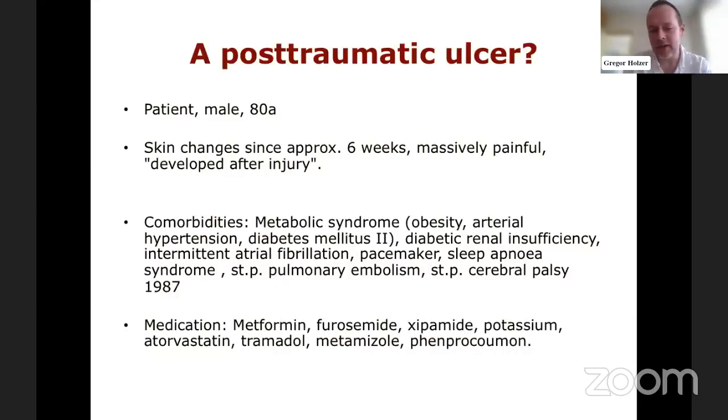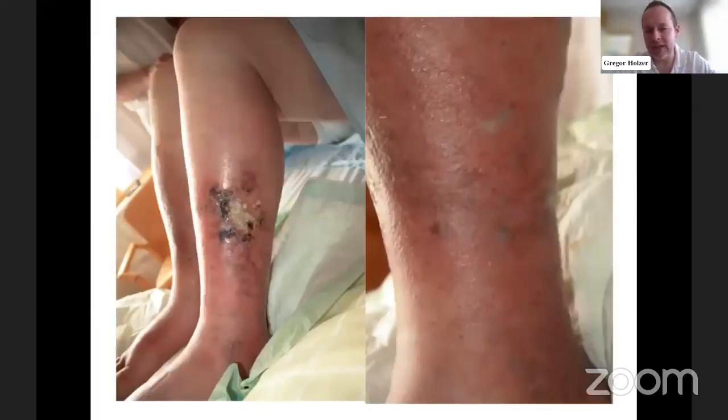He had received several medications when he presented himself: metformin, furosemide, a statin, and of course Marcumar as well. What we can see on this picture is a livedo reticularis pattern on both lower legs, ulceration with hemorrhagic crusts and also fibrin coats.